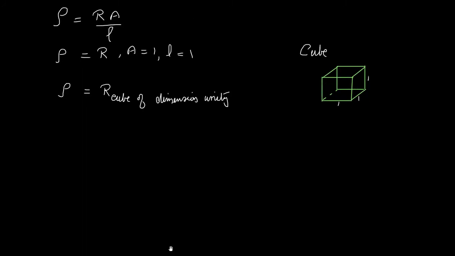Now what is the SI unit of resistance? We know SI unit of resistance is ohm, and area meter square, length meter. So what about the SI unit of resistivity?